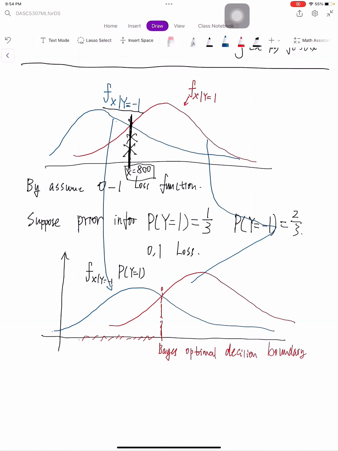So below this decision boundary, this is a one-dimensional boundary, right? We classify it as no cancer. And above this decision boundary, the cancer group has higher posterior probability, so we predict cancer. So this is called the Bayes optimum decision boundary.